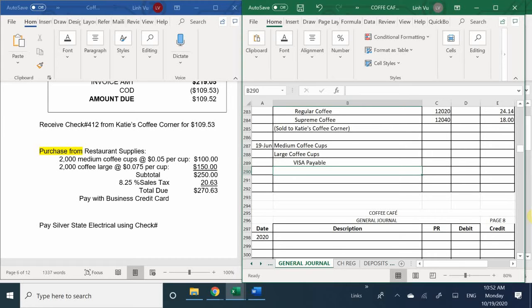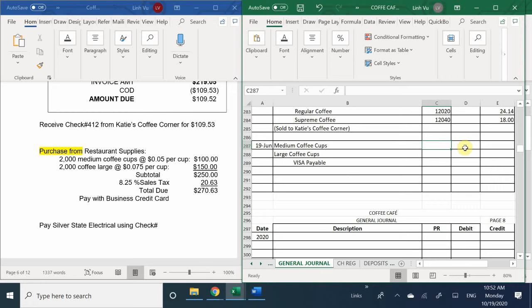So here, what are my amounts going to be? Medium cups 100 and large cups 150. Or not, because we have to do the material sales credit. We also have to put the sales tax, yes. What's unique about sales tax?